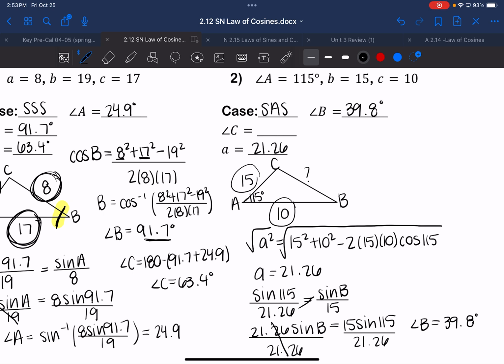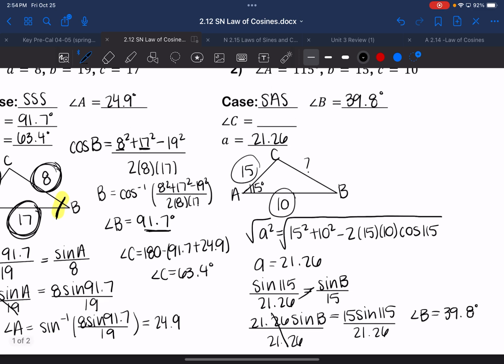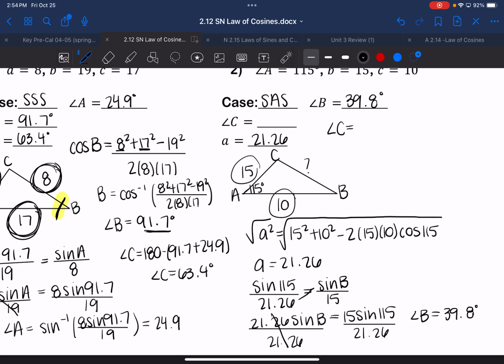All right, and then I'm still missing one thing. The angle C. And what could we maybe do to find angle C? Add them up and subtract them from 180. Right. So 180 minus the 2 we know.